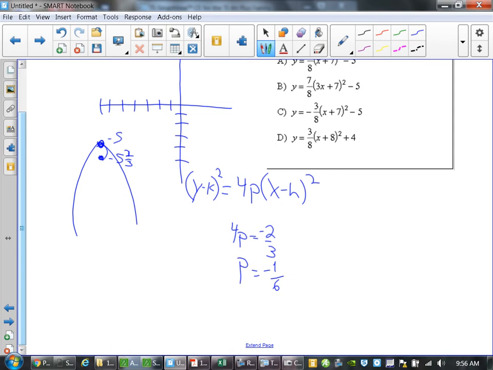Was what? Unsolvable. It's C. The distance between the vertex and the focus. Let's see, any questions? No. Okay. It's just a couple.